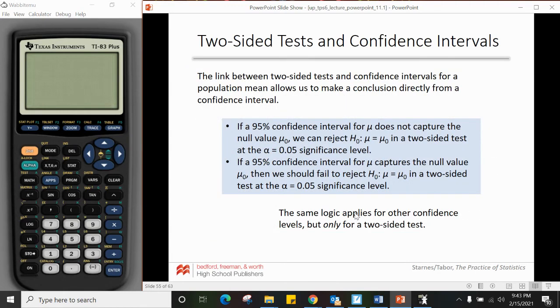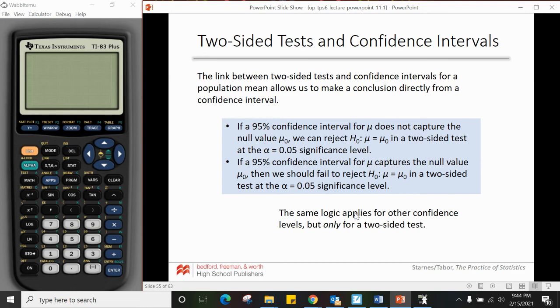But this is kind of a good thing, and it raises the question, should we use a confidence interval or significance testing? Well, right off the bat, a confidence interval tells you more information than significance testing does. The significance test tells you, based on a value, is this likely to happen or not? The confidence interval gives you plausible values for what our mu could be.